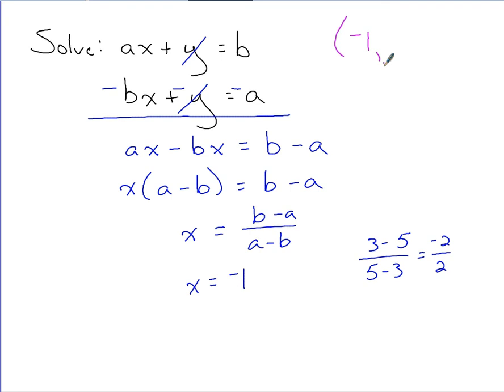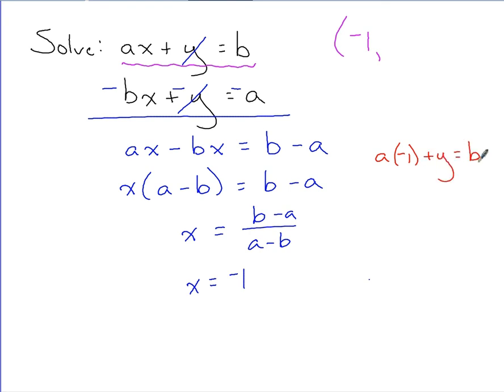We've got the x coordinate. And since we have the x coordinate, we can go back to the equations that were given. We can plug in x to solve for y. So say I take this first equation right here, plug in -1 for x to solve for y. Let's see, what does that give me? That gives me a times -1 plus y equals b.